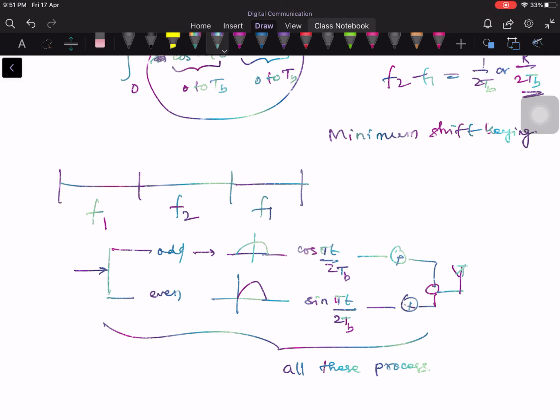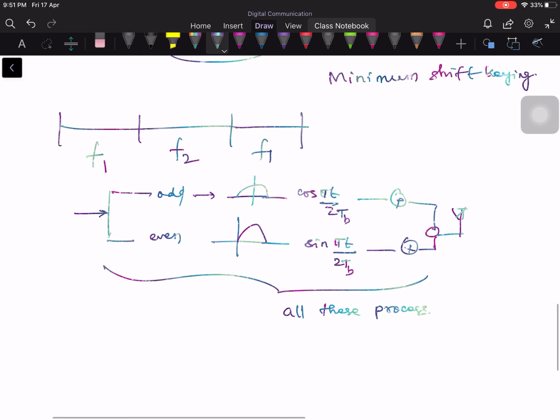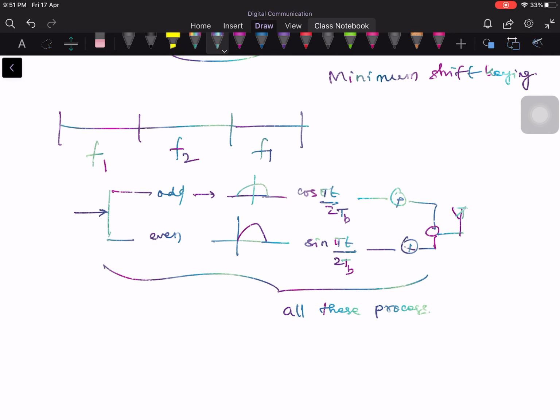I can directly generate a waveform with similar spectral characteristics through a process called FSK. You have an incoming data stream, split into two: odd streams and even streams. Then the odd streams are shaped by half cosine pulses, cos(πt/2Tb), and the even streams by half sine pulses, sin(πt/2Tb).